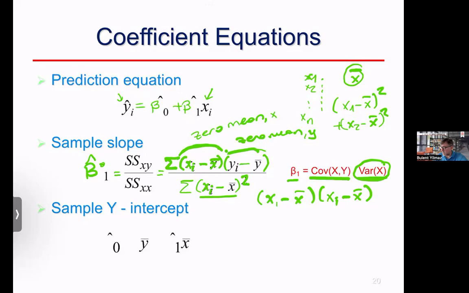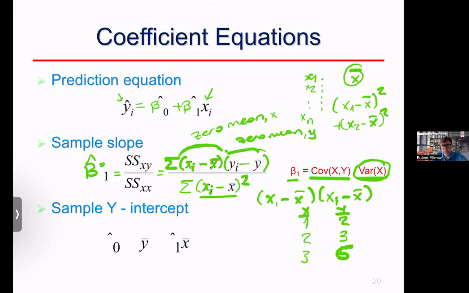For example, if I give you 1, 2, 3 and 2, 3, and let's say 6. This is x and this is y. Can you find the covariance of x and y?